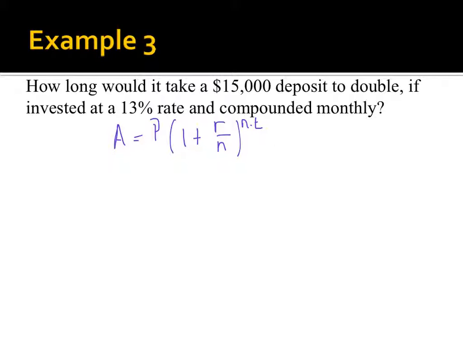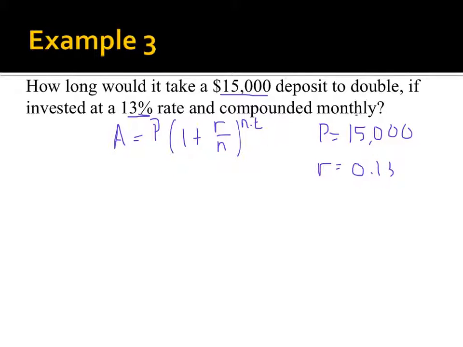Right, so in this example, our A, well, let's find out. So here, the deposit is $15,000. So that's our P. So P is $15,000. Our rate is also here. It's 13%. So that's R. So 0.13.